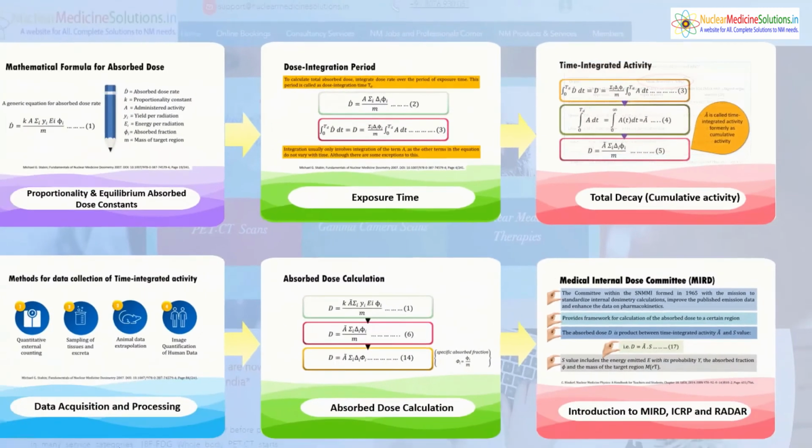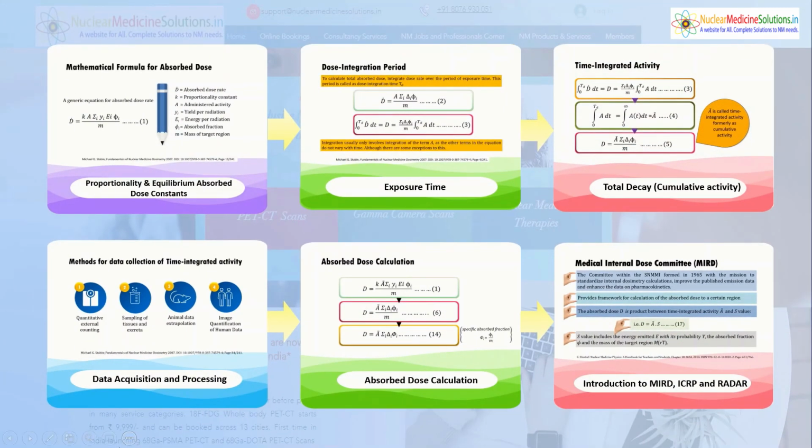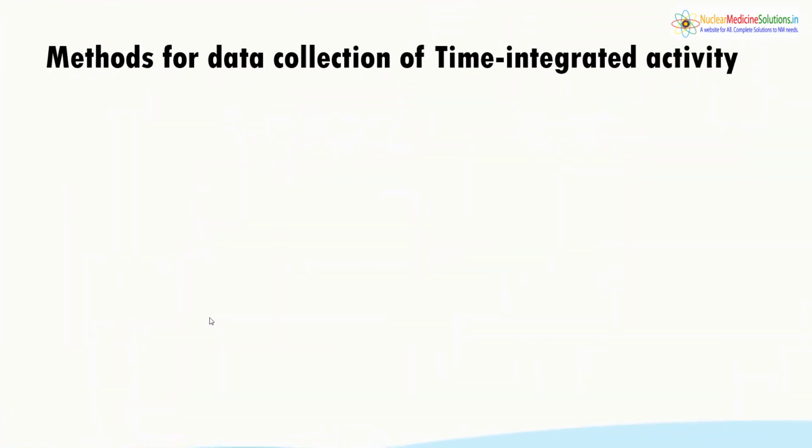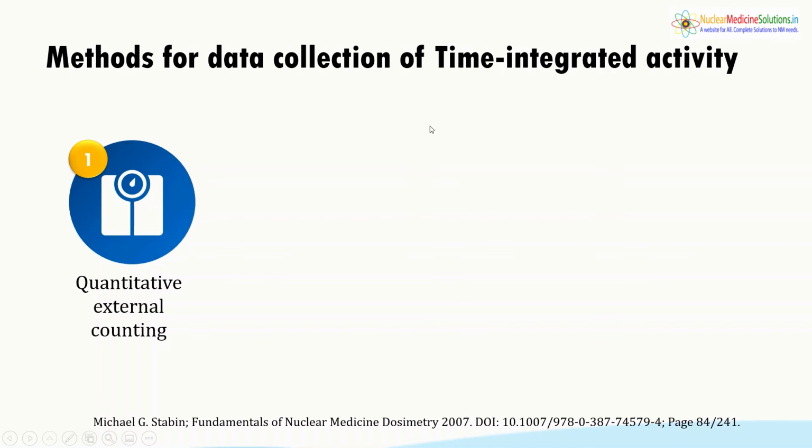In the next part of the presentation, let us see the methods of data collection for time integrated activity. This will be a brief discussion, and we will discuss it in detail when we talk about calculation of therapeutic nuclear medicine dose assessments. To calculate the area under the curve, we first need to make the curve.